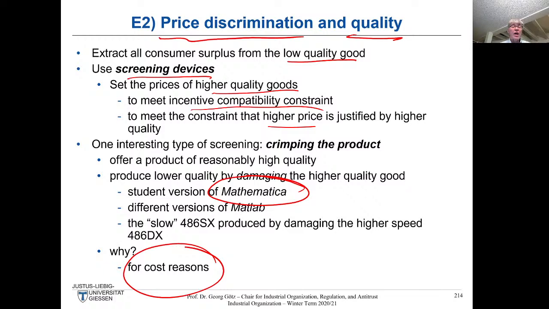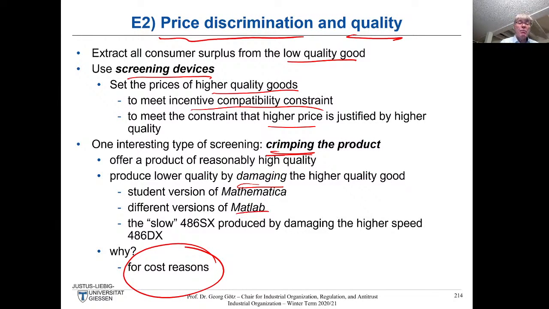Then you have people with different willingnesses to pay. In order to also serve the people with the low willingness to pay, call them students, you crimp that product. You produce a low quality product by damaging the high quality, so you just disable some functions in your software.